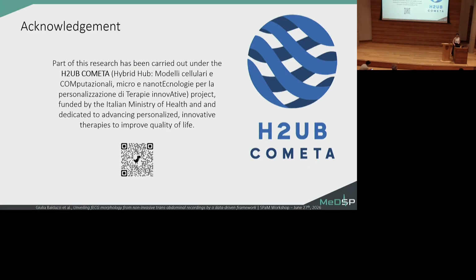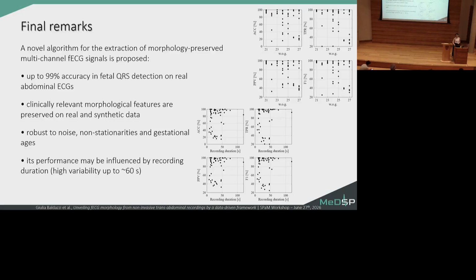The different data sets are intrinsically different in this sense because the Matunia data set, besides being acquired from the 32nd week of gestation on, is also offering a long-lasting recording that I didn't mention, so 20 minutes of recording. So it's actually more suitable for the extraction in this sense. The Nymphea dataset, on the other hand, which is acquired in early gestational stages, suffers also because it's shorter in duration because of the synchronous recording of the pulse wave Doppler that we need.